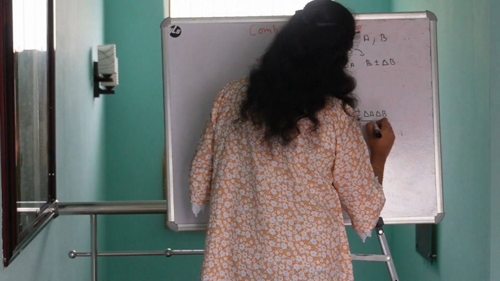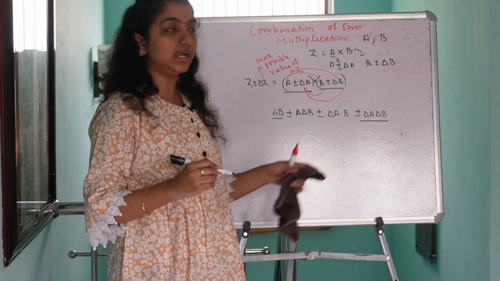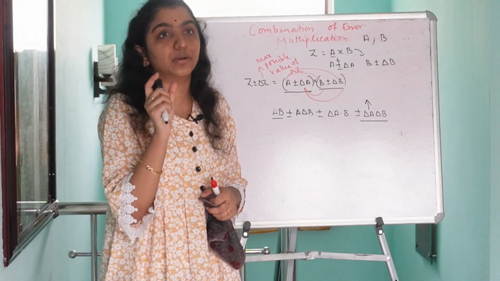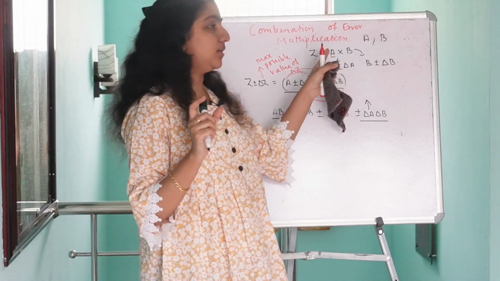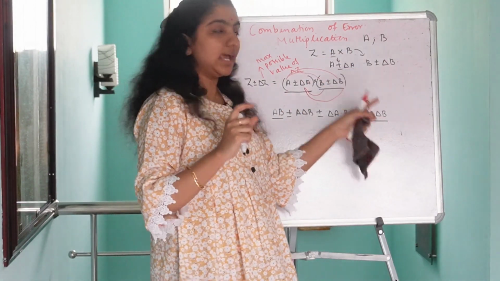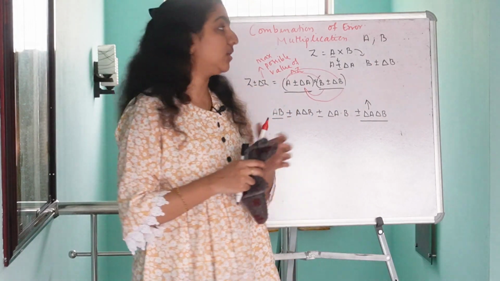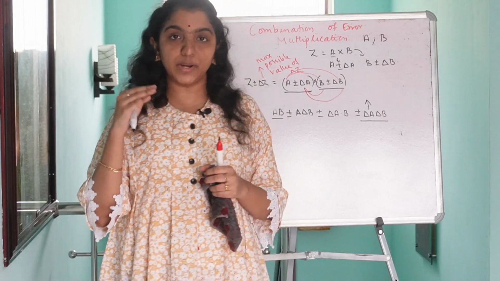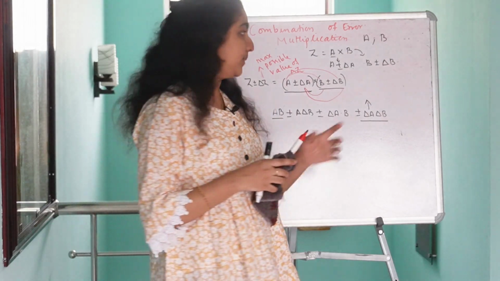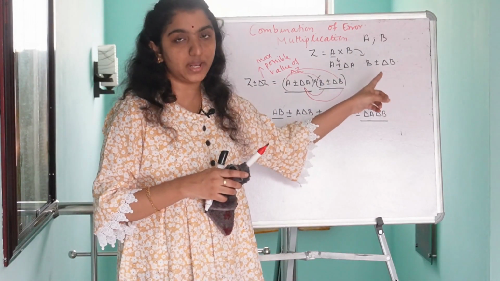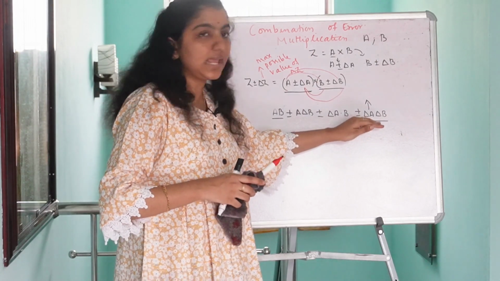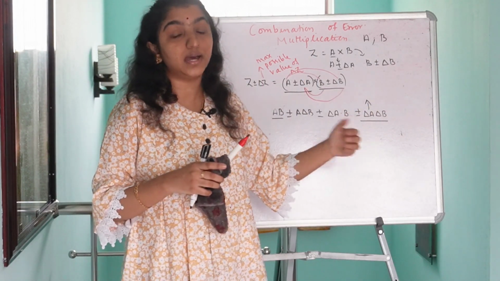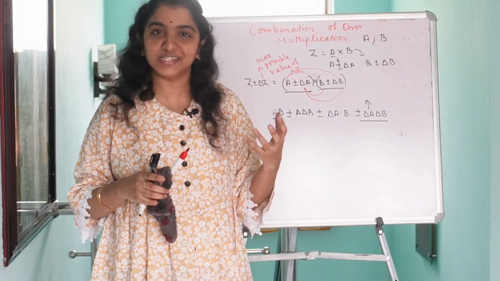Now this del A and del B. What is del A? Del A is nothing but the error in the measurement of physical quantity A, and del B is the error in the measurement of physical quantity B. Compared to the actual measurement of A and B, this del A and del B are extremely small, isn't it?